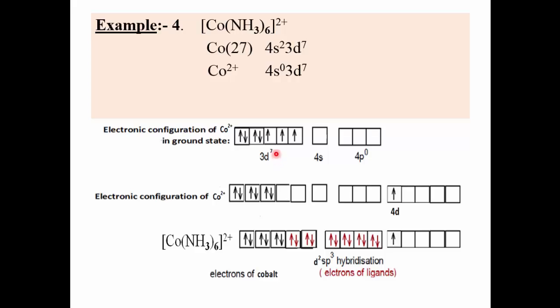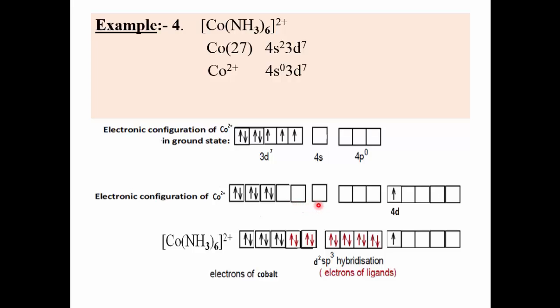Hence, there is pairing of electrons and one electron is promoted, excited into the 4d orbital. That means these are 6 electrons, this is the 7th electron. In this way, 2 d orbitals are available for d2sp3 hybridization.